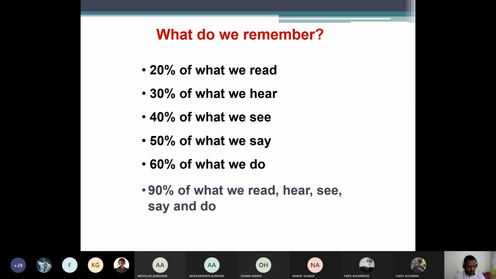There is a study which shows how much percentage you remember by applying one technique. It says that if you only read, you will remember 20% of the knowledge. Let's say you finish reading 10 pages.